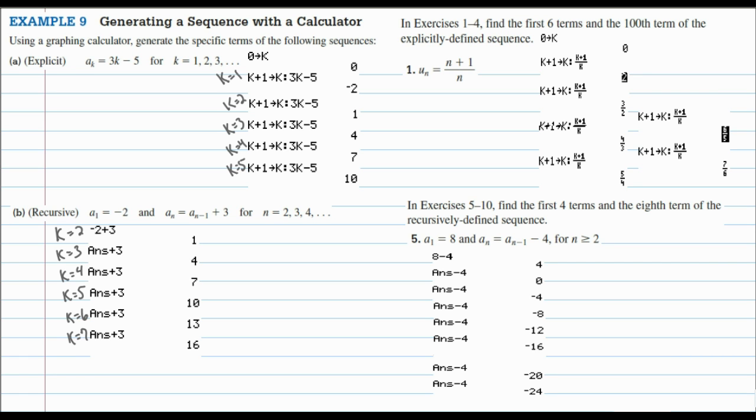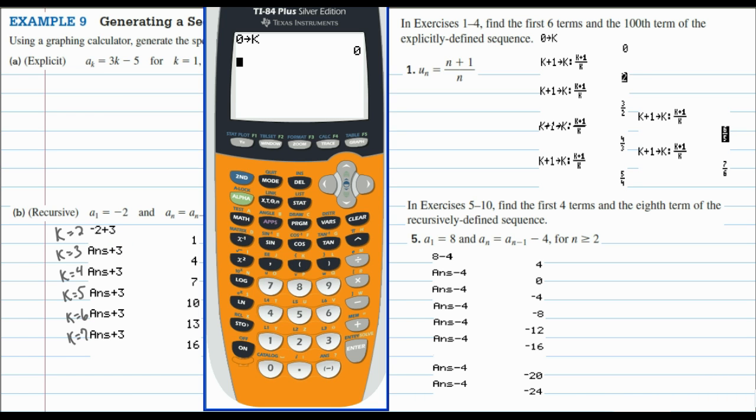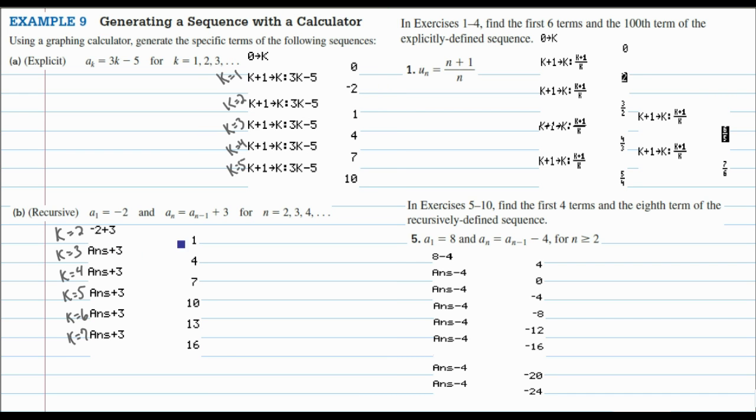If the sequence is recursively defined, you could take a sub 1, which in this case is -2, and then add 3, which gives you 1. Then if you take your calculator and put second answer plus 3, it'll take the previous entry and add 3 to it. So 1 plus 3 is 4.